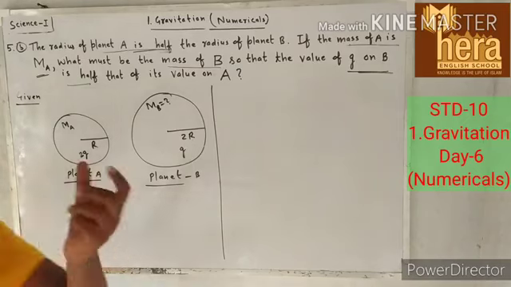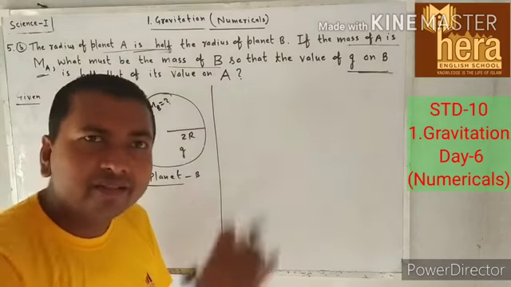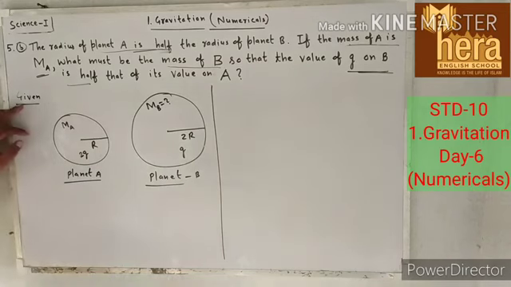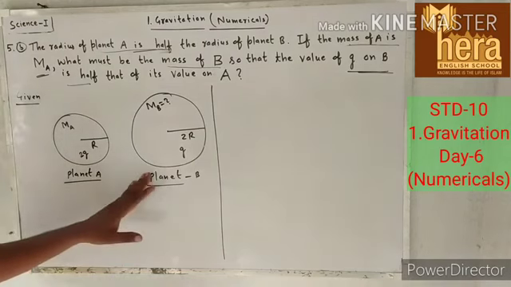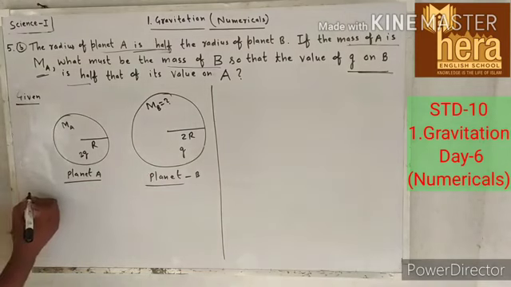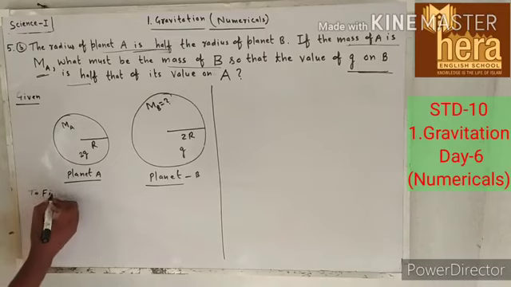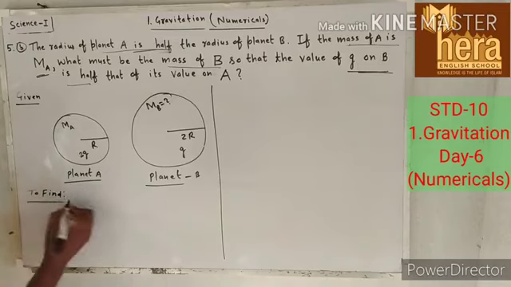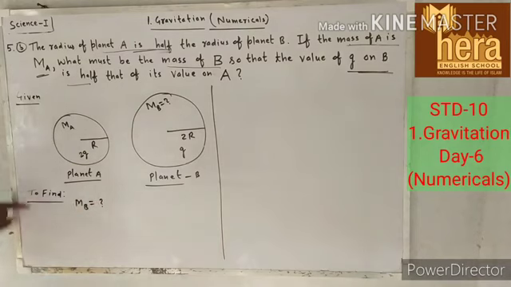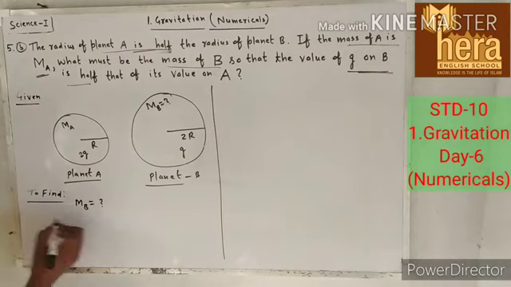You have to make two equations and you have to divide. For planet A and planet B we will write given, then to find MB is equal to question mark, given, to find, then formula used.